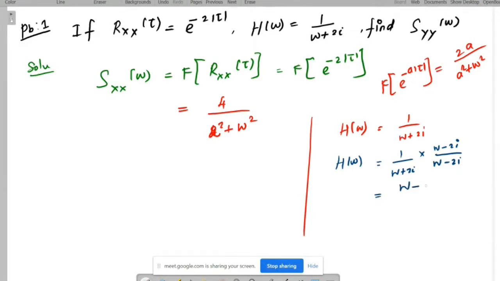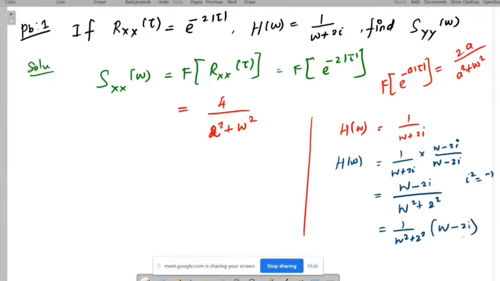So from that, you may get omega square plus 2 square, because i square equals minus 1. I have applied that here. So now you can rewrite this term as 1 by omega square plus 2 square into omega minus 2i, right?